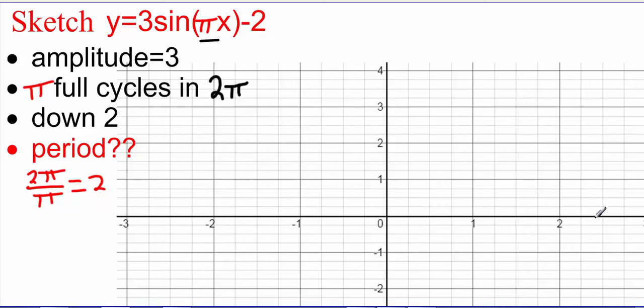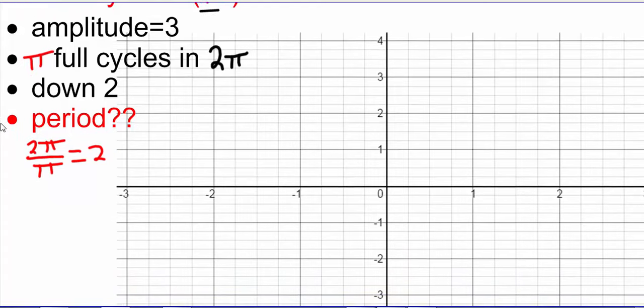Which is to say that in a distance of 2, and you see them on my x-axis now, I've simply labeled it with 1s, 2s, and so on, I'm going to have 1 full cycle. The rest of the graph remains the same. At this point, my amplitude is 3, so I have to go up to 3 and down to -3, assuming I have room.